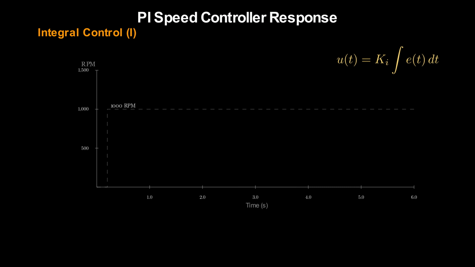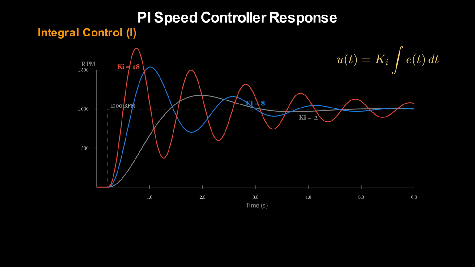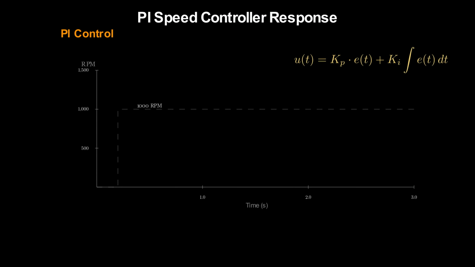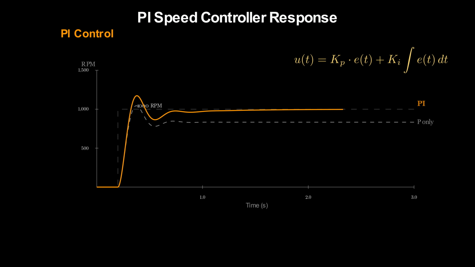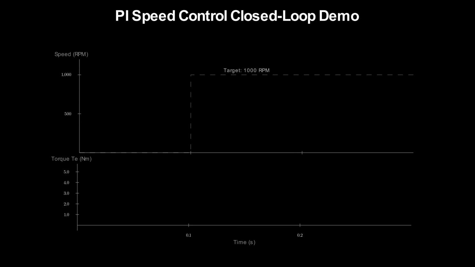It accumulates the error over time to completely eliminate that steady-state offset. However, it responds more slowly, and if the gain is too high, the system may begin to vibrate or oscillate. A PI controller combines the best of both worlds, balancing the fast response of P control with the precision of I control. Let's examine the actual waveforms during PI speed control.